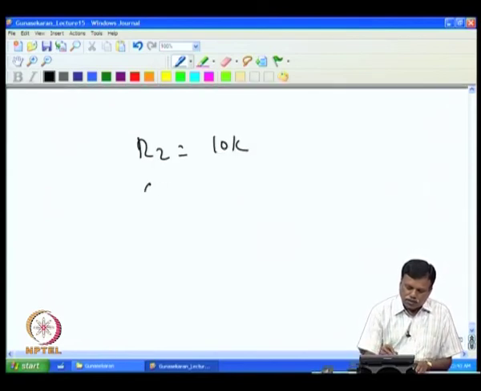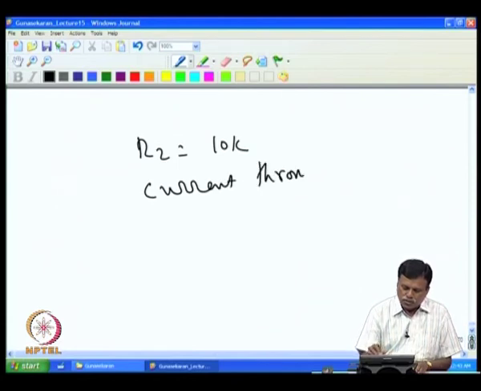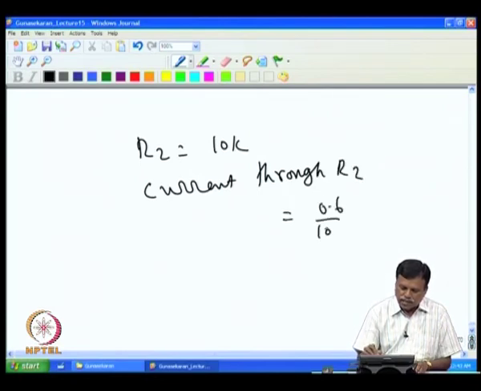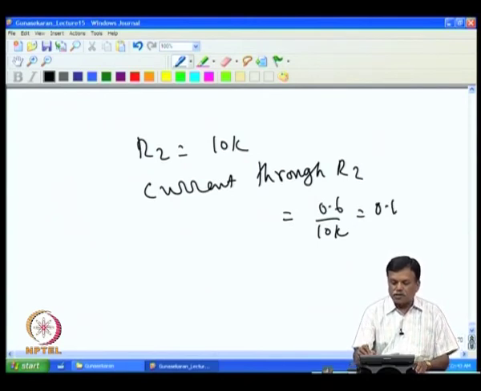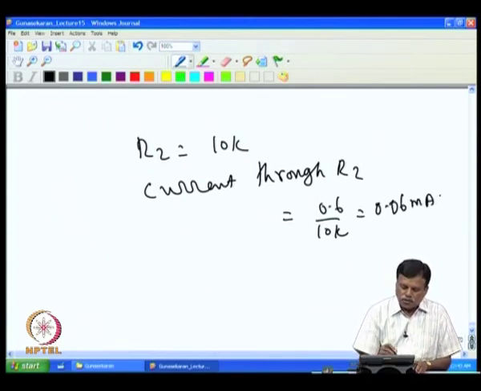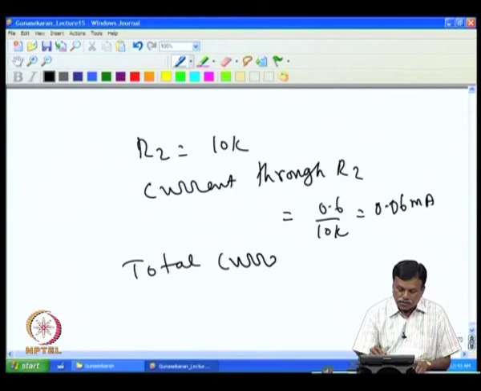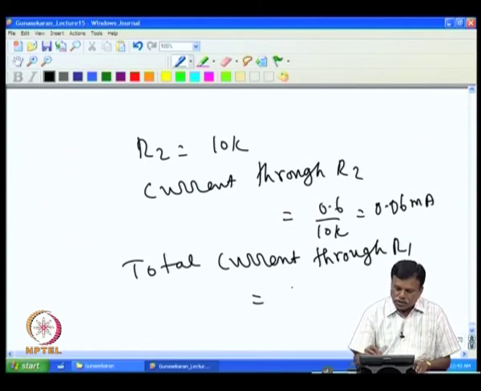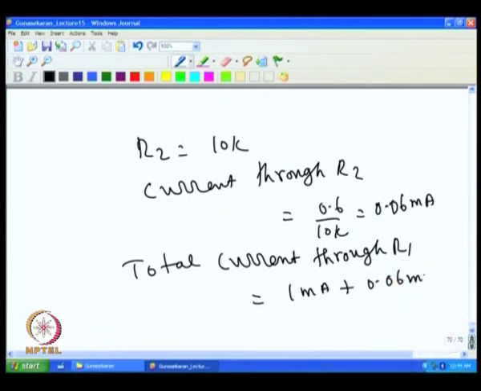So, current through R2 is 0.6 by 10K, that was worked out to be 0.06 milliamps. So, total current through R1 is equal to 1 milliampere plus 0.06 milliamps, that is equal to 1.06 milliamps.